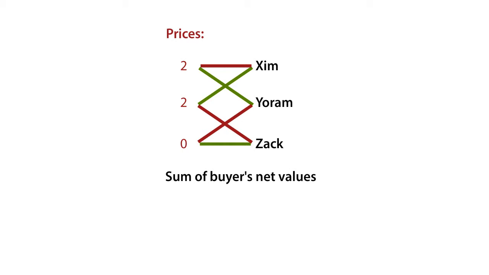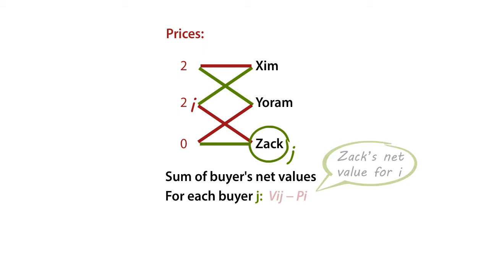So in thinking about the buyers' net values, let's focus on a single buyer, say Zach in our example. He is buyer J, to use a notation. And I want to think of his net value. In the market clearing matching, he got maybe item I, and his net value for the item is Zach's value for item I minus the price he had to pay. In some alternate matching M prime, he got something else.